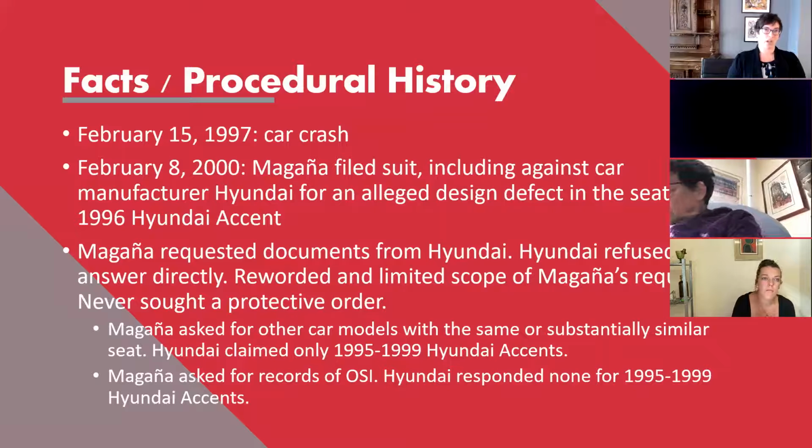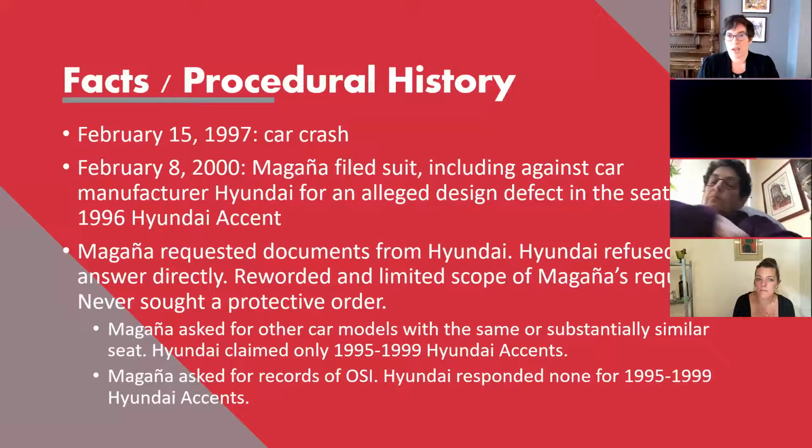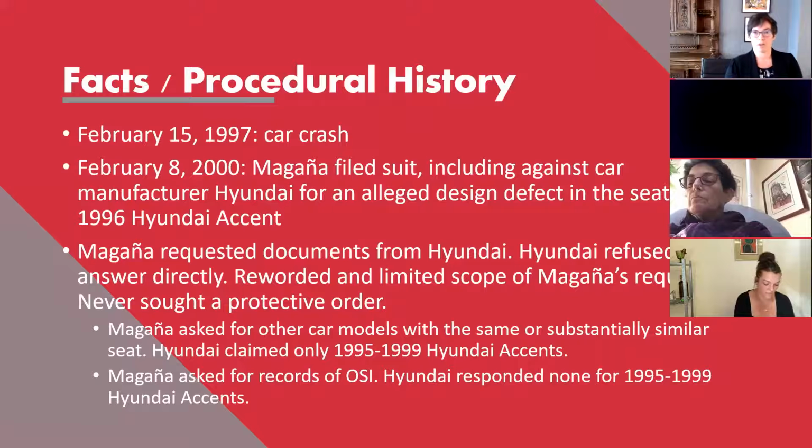So in this case, Magana was alleging that there was a manufacturing defect in the car, specifically in the seat of his car, the 1996 Hyundai Accent. And they requested documents from Hyundai regarding that issue. And initially Hyundai refused. They reworded and limited the scope of Magana's requests, but never sought a protective order.